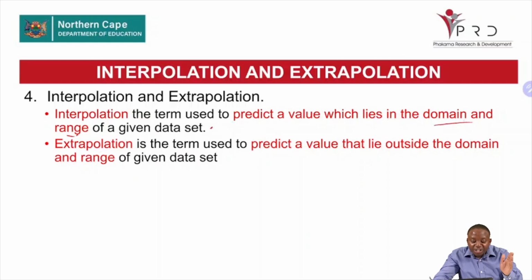So that is interpolation. Extrapolation, we are predicting a value that lies outside the domain and the range of the given data set. That is to say, it is a value that is more than the maximum point, or less than the minimum point.